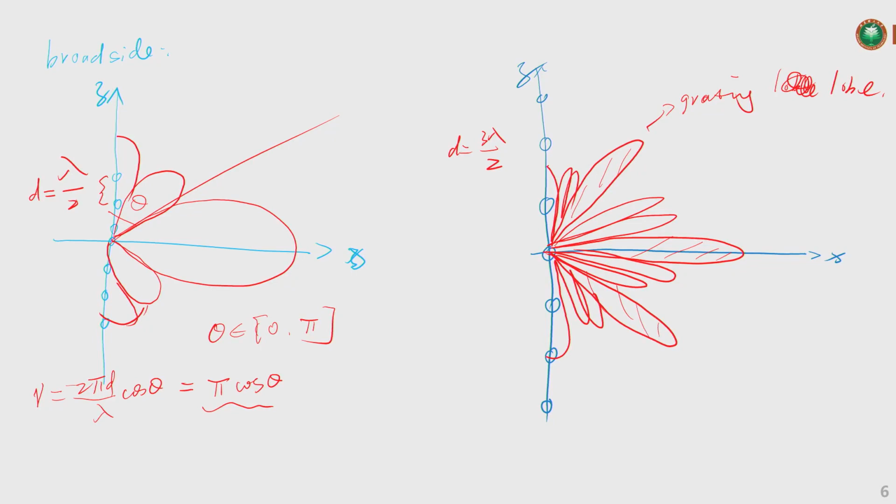And why is this generated? That's because when we come back to gamma, now it becomes 2 pi d over lambda cosine theta, which equals 3 pi cosine theta.